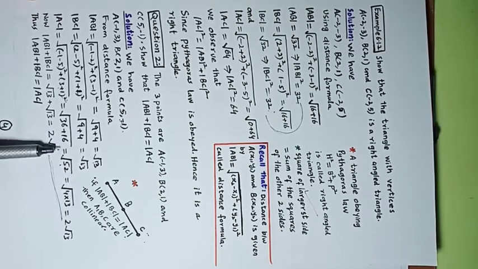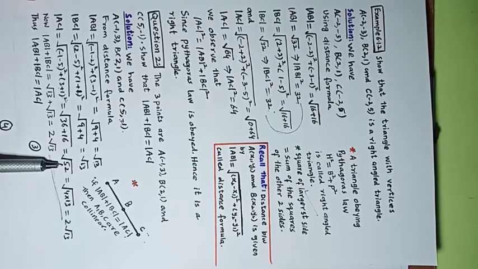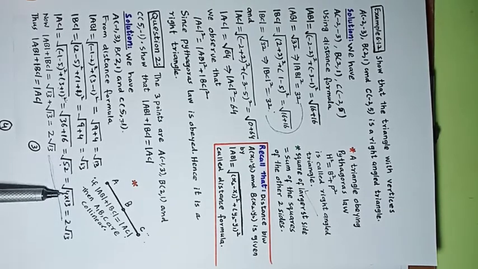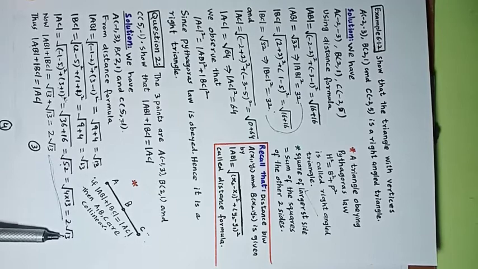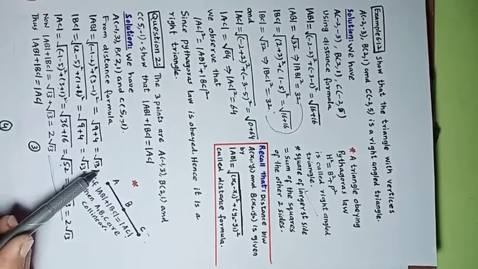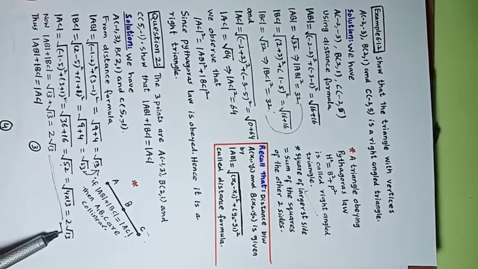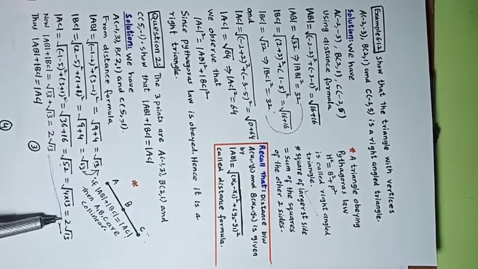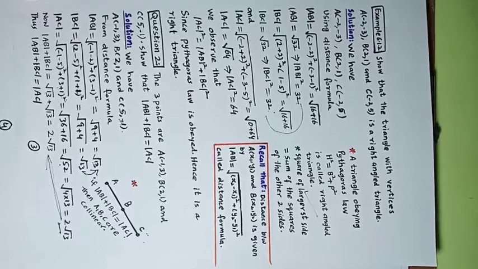Adding these two, we get 52. 52 is equal to 4 multiplied by 13, and the square root of 4 is 2. So we have 2 times square root of 13. You observe that when we are adding these two, we get 2 times square root of 13, which is this one. So we have that 2 square root of 13 is equal to this one.